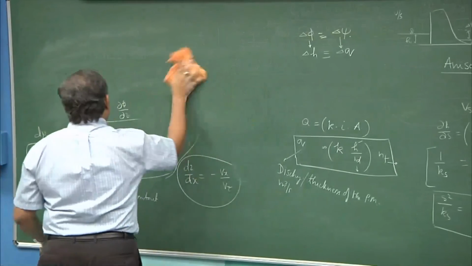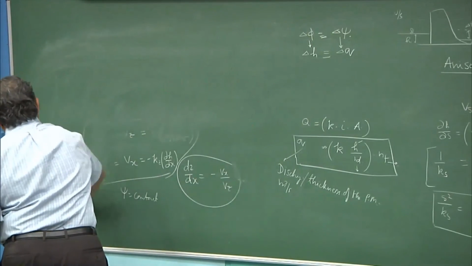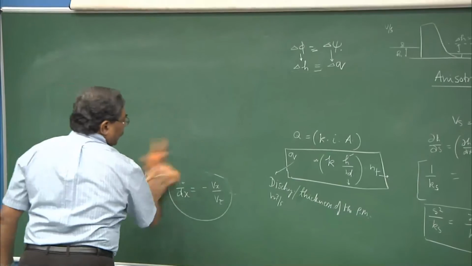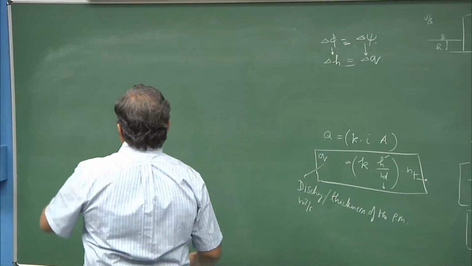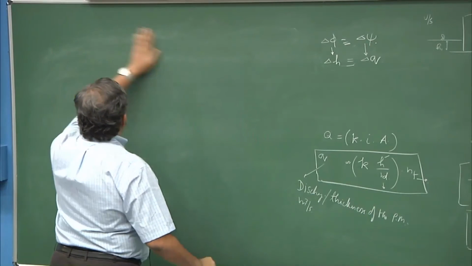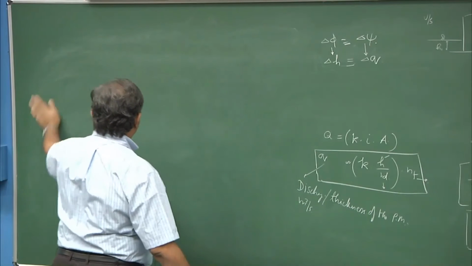Now, there is an interesting way of depicting the anisotropy by using the Laplace equation, which we had earlier assumed for one dimensional flow and for isotropic conditions.